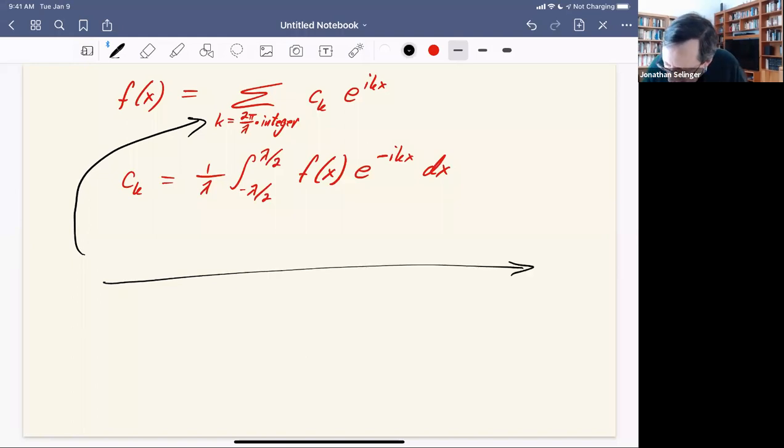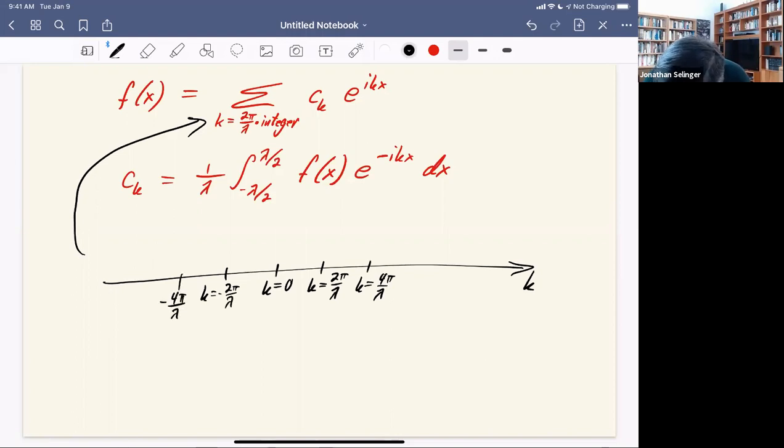Here's a k axis, and I have a sum where k equals 0, k equals 2 pi over lambda, k equals 4 pi over lambda, and over here k equals minus 2 pi over lambda, minus 4 pi over lambda, etc. There's a number line for k which has certain allowed values.